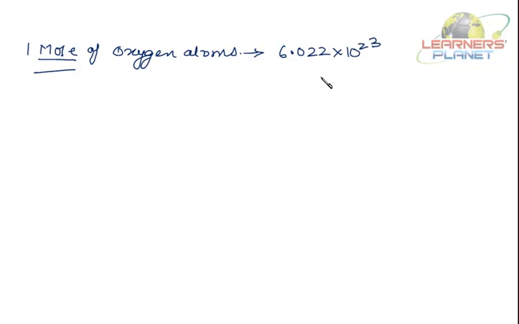Remember this. In 1 mole of any element or 1 mole of a substance or a compound, the number of atoms or molecules is equal to 6.022 into 10 to the power 23, and this 6.022 into 10 to the power 23 is called the Avogadro number.